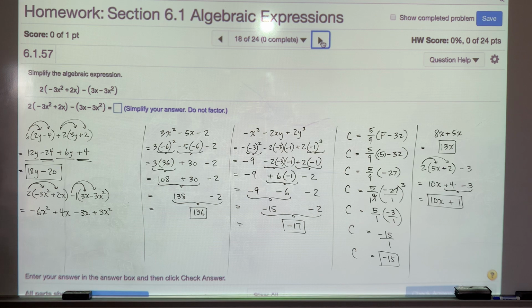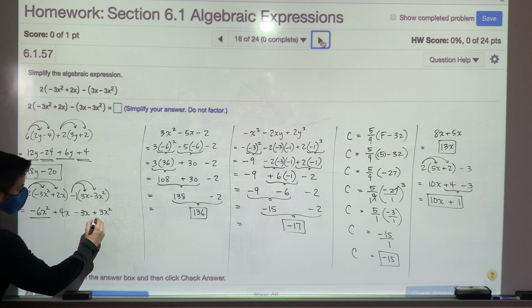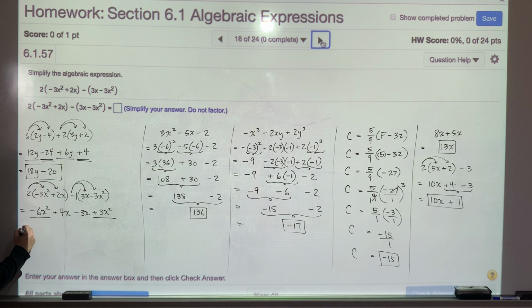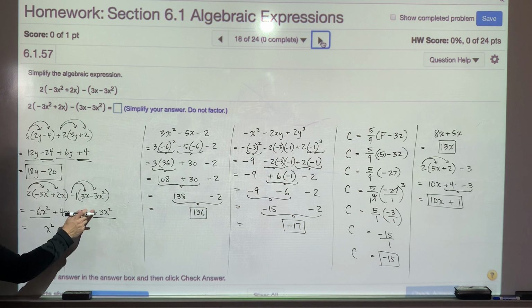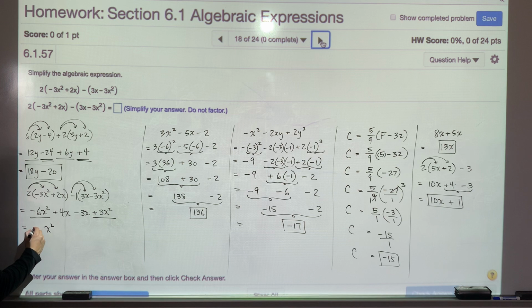Okay, let's go combine like terms. So let's put the negative x squared terms together. This is another area that could throw students. X squared, they're just x squared terms. They don't become x to the fourth, they don't become anything else, they are just x squared terms. So negative 6x squared plus 3x squared is negative 3x squared.